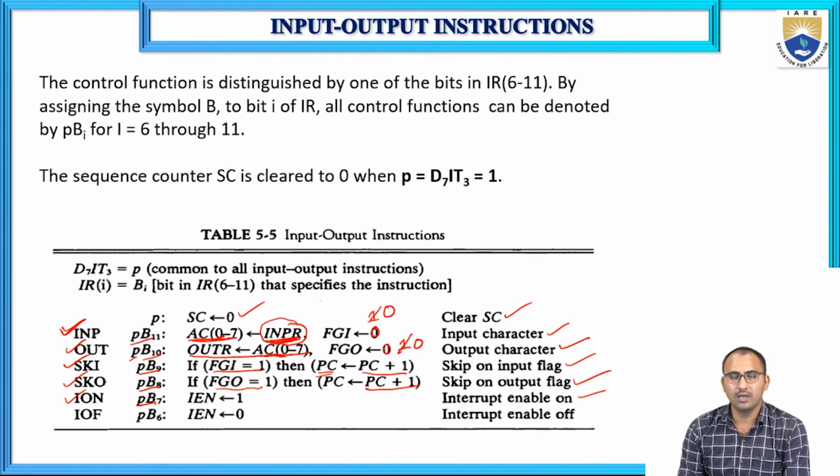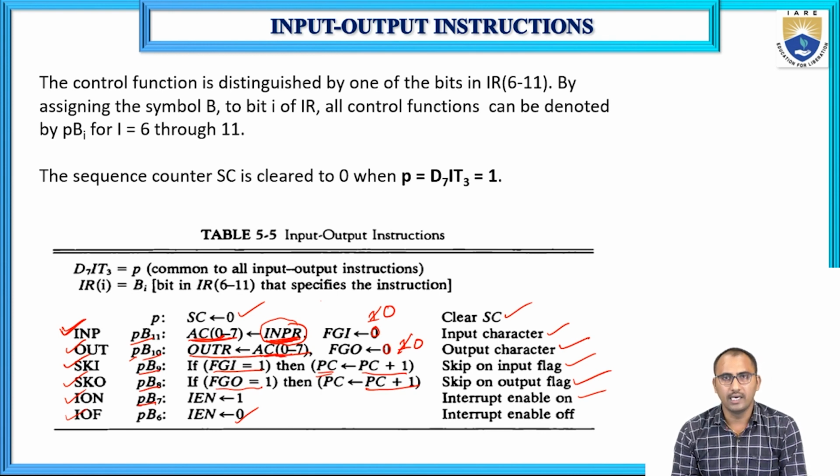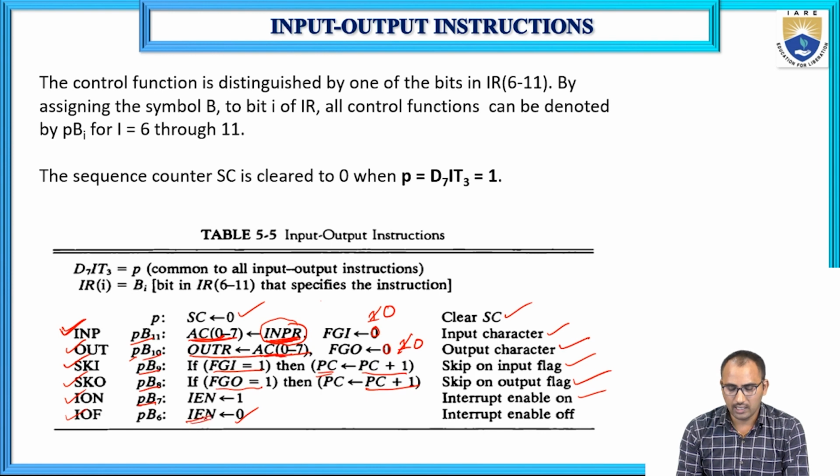If you want to disable, then we can load 0 into the IEN bit. The last one is IOF, interrupt enable off. If you want to disable the interrupts from the external devices, then we can load the 0 value into the IEN register, so that the interrupts will be disabled. So these are the input output instructions.